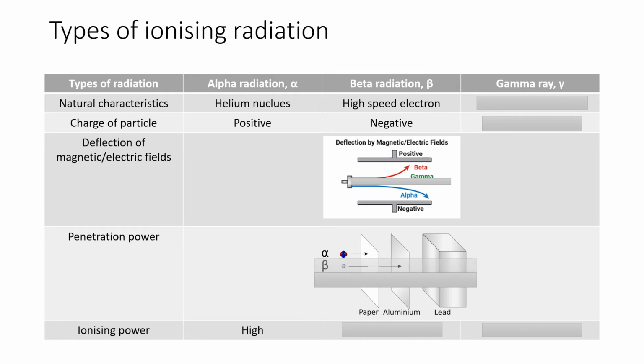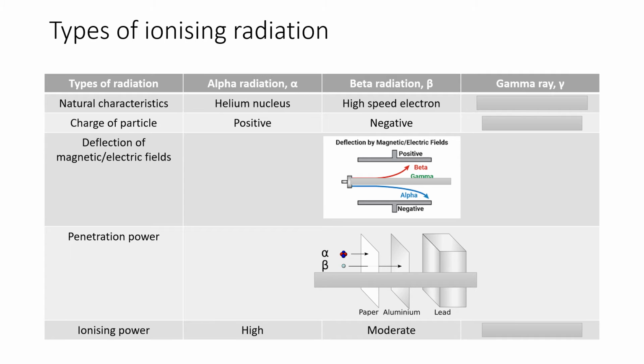It has greater penetration than alpha particle, and it can travel through the skin, but can be stopped by using a sheet such as aluminium. Its ionizing power is less than alpha, but still it is harmful and can damage our body.